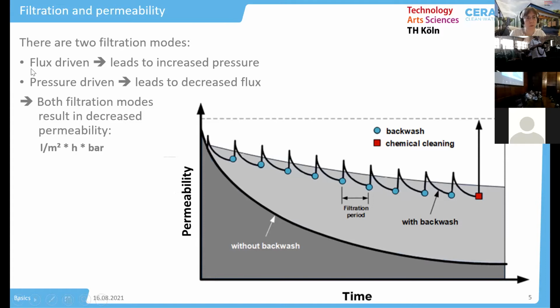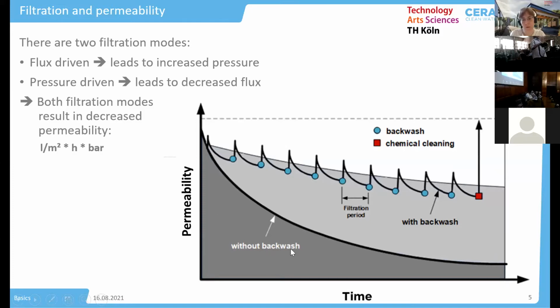In water and wastewater treatment, you often operate with flux-driven systems, where you say, I want to clean 1,000 cubic meters per hour, and then you design your plant with this flux. And during the filter cake formation, this leads to an increased pressure, because you need more pressure to press the water through. Both filtration modes result in decreased permeability. And you see this on the picture.